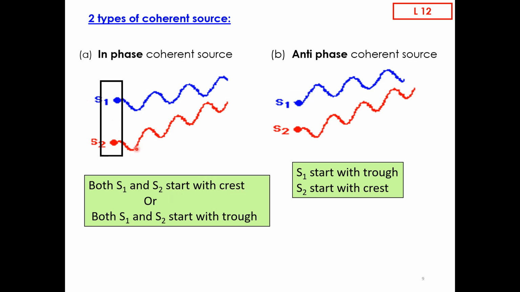Or if both S1 and S2 start with the trough, we also call it an in-phase coherent source. How about anti-phase coherent source? Look at this: S1 starts with the trough, S2 starts with the crest. For this situation we call it an anti-phase coherent source.